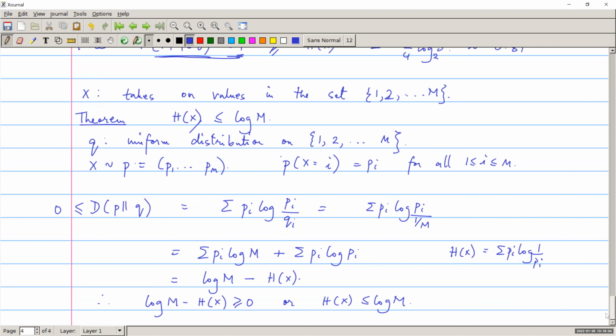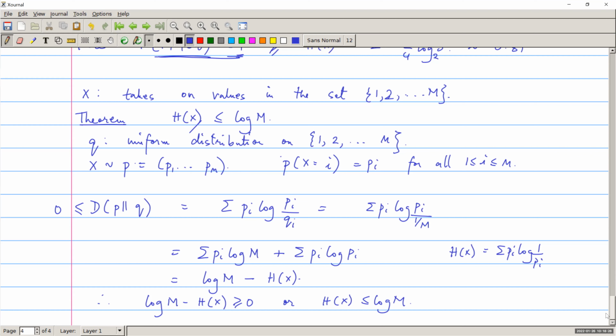So this is probably a good place to stop today. Basically, we have used convexity in all our results. That is, H of x given y is less than or equal to H of x, the mutual information is greater than or equal to 0, or H of x is less than or equal to log n.